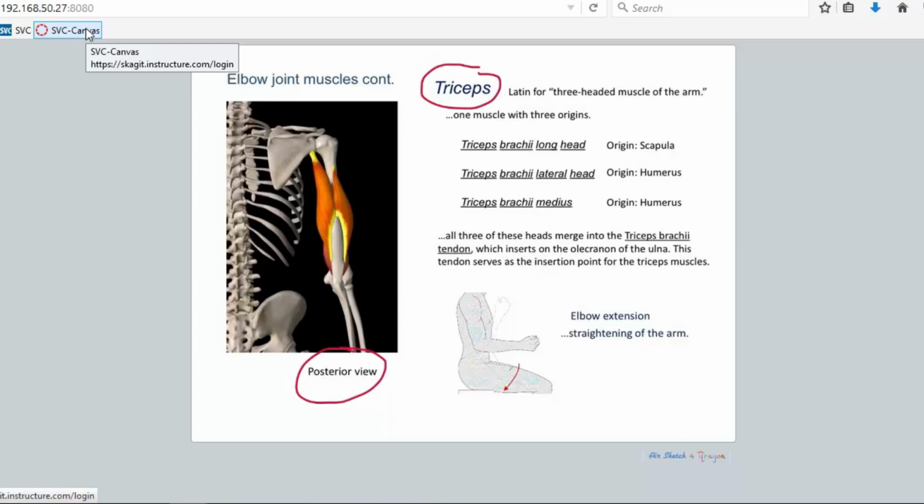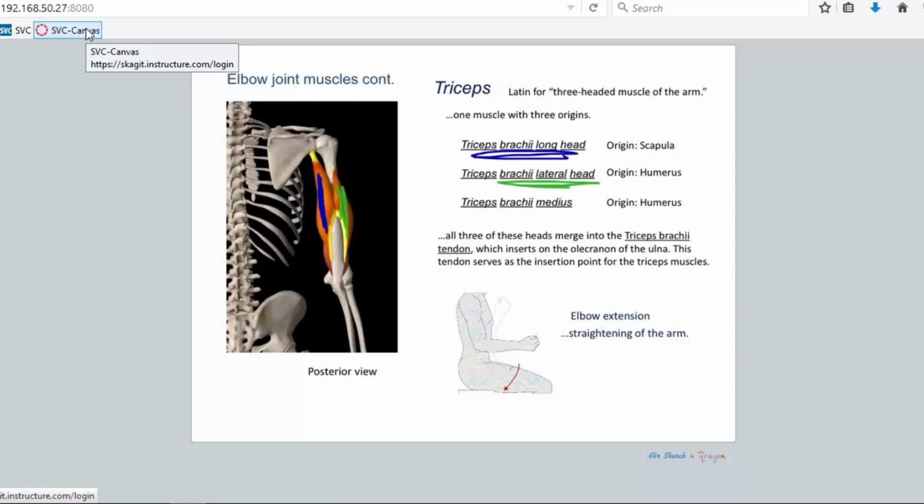But we have the triceps brachii long head. This is the triceps brachii long head, and the triceps brachii lateral head.